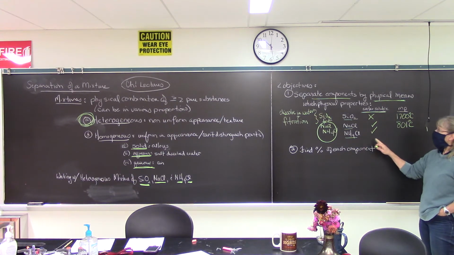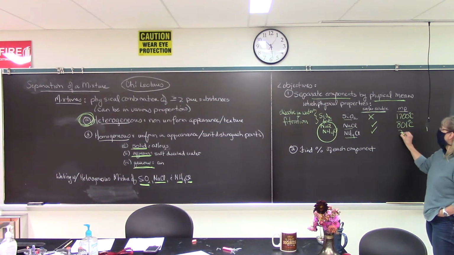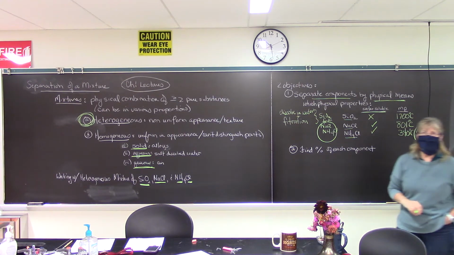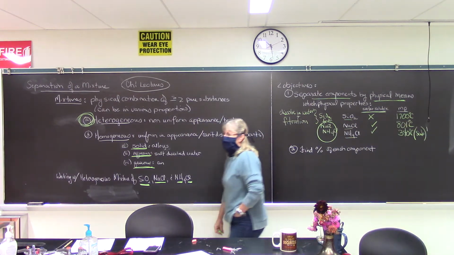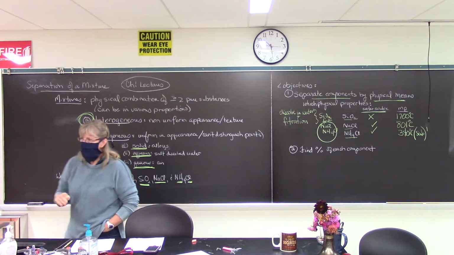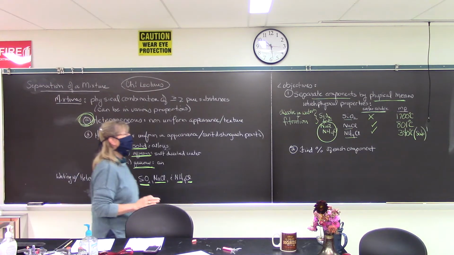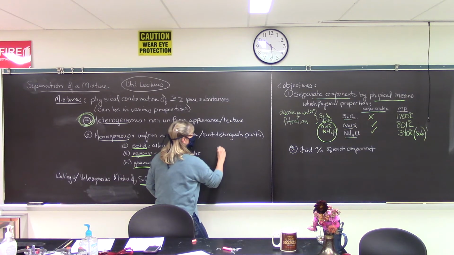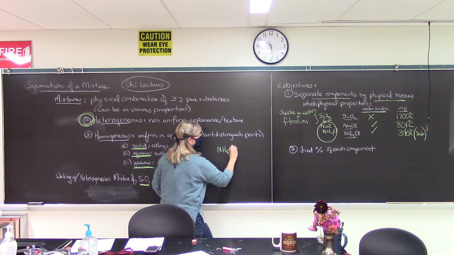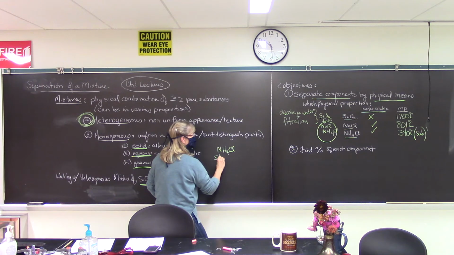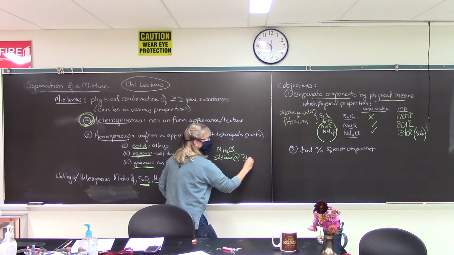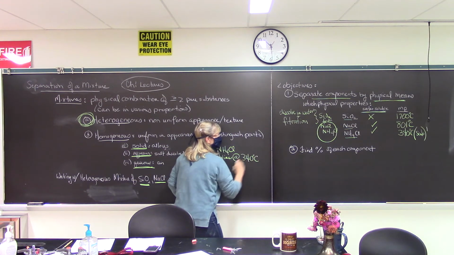When we look up ammonium chloride, it says 340 degrees, and it has a little word "sub" next to it. What does that mean? That means that ammonium chloride sublimes at 340 degrees Celsius.